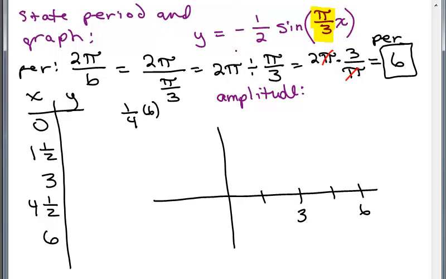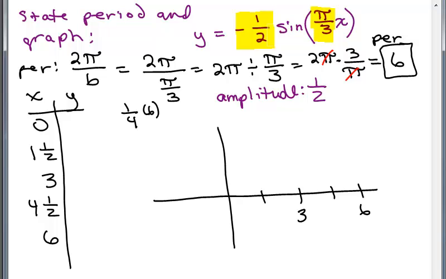It's -1/2. Remember, it is the absolute value of that. So it's +1/2. But what does that minus sign indicate? That indicates that it's going to go down first. In other words, all the y values for y equals sine x get multiplied by -1/2.